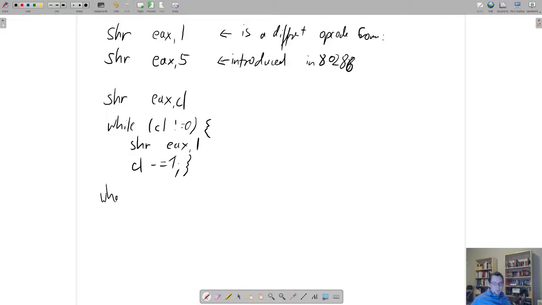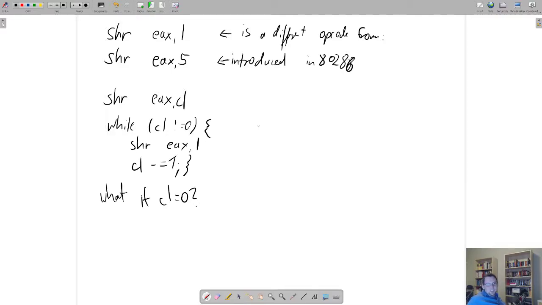What if CL equals 0? By the way, this is something that actually changed in the definition after the fact. The 8086 did exactly what I wrote down here. It literally kept decrementing CL.